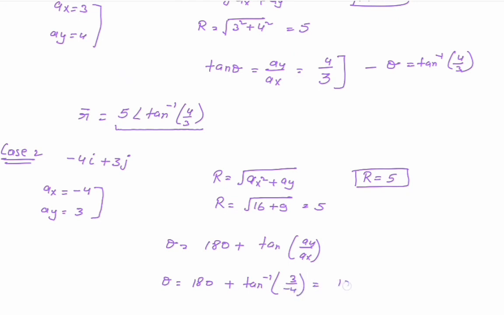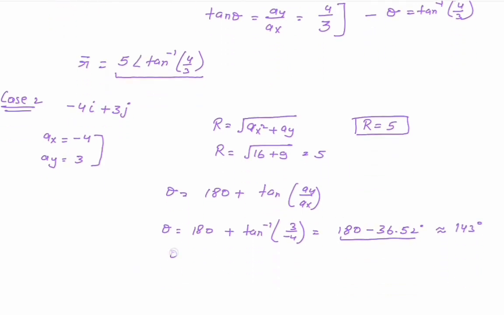You will get 180 minus 36 point something, like 52 degree. From here you will get your answer approx 143 degrees. Theta is going to be approx 143 degrees.